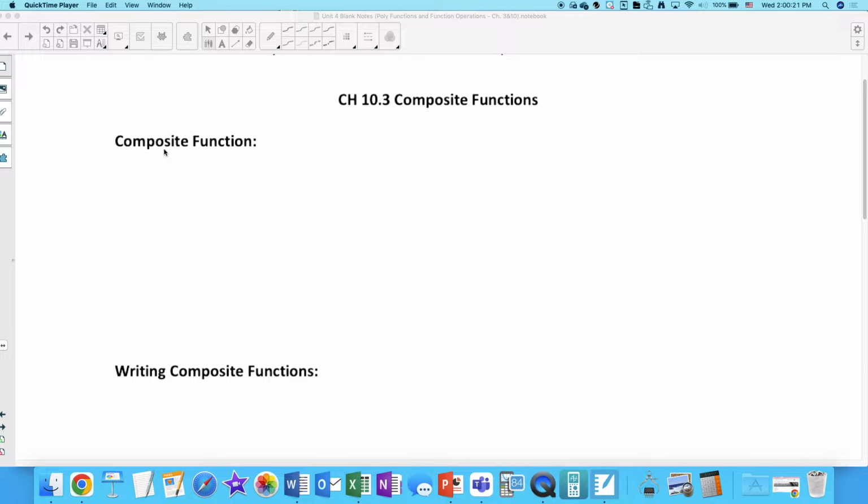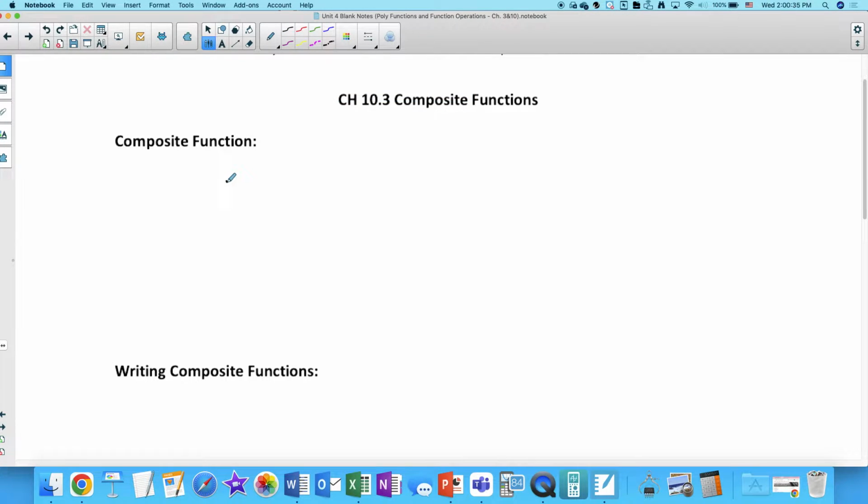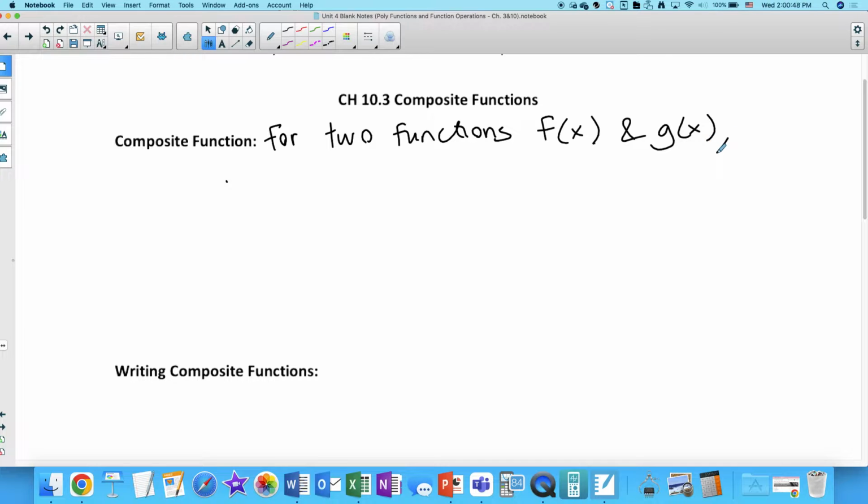Composite is something that we're going to compose. We're going to kind of not make it up, but put it together. Okay, so when you have two functions, f of x and g of x, we can create something called a composite function.